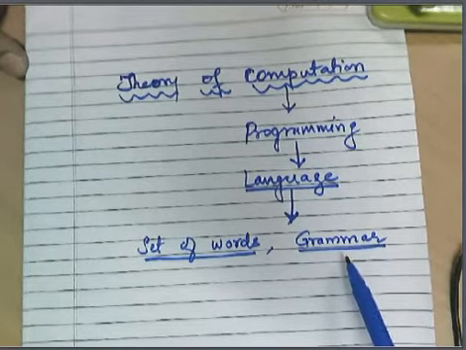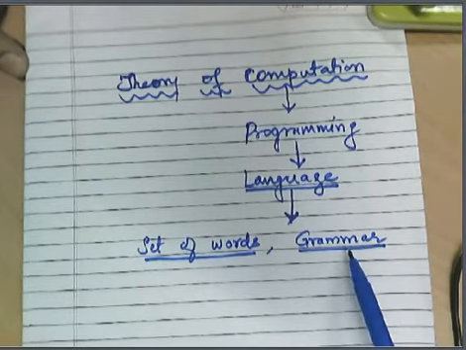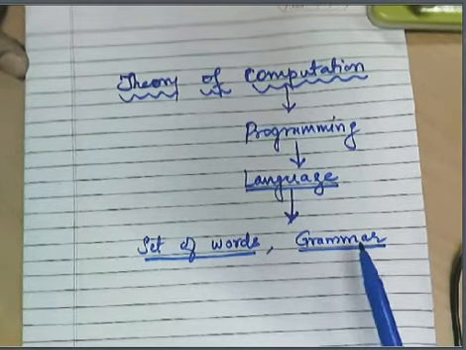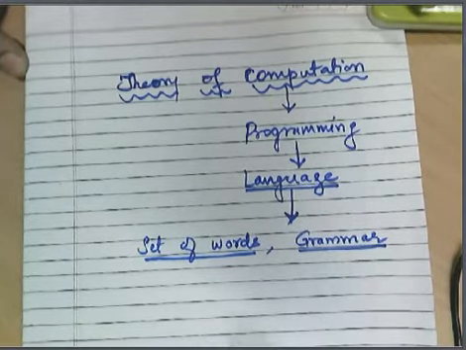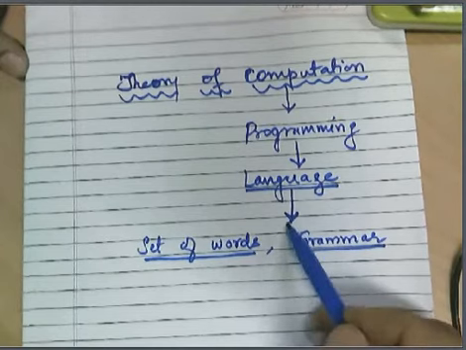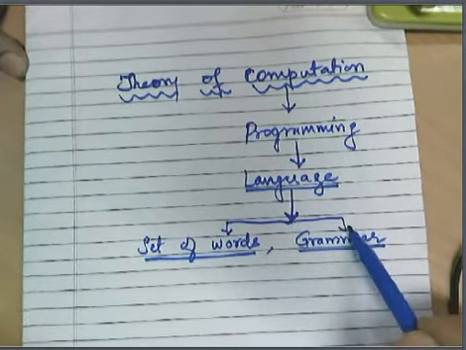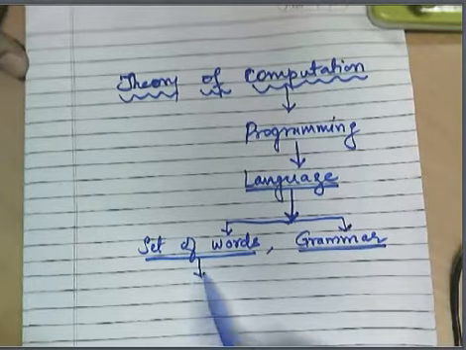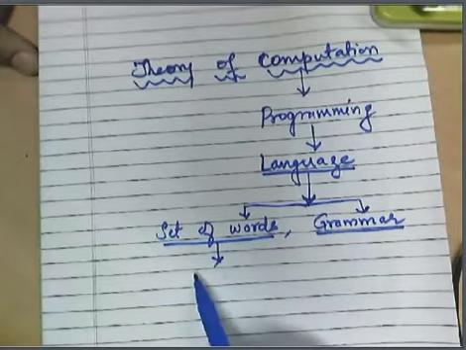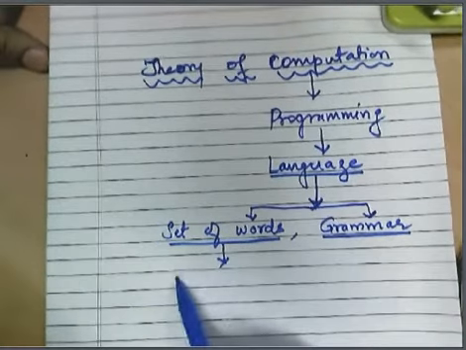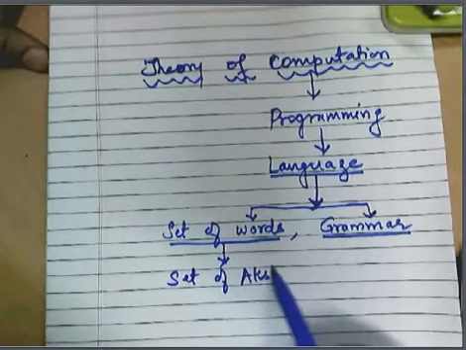Are you getting it? So a language has a set of words and grammar, whether it is a daily life communication language or a programming language. If we talk about the set of words, in Hindi, words are composed of a set of akshar, I can say.